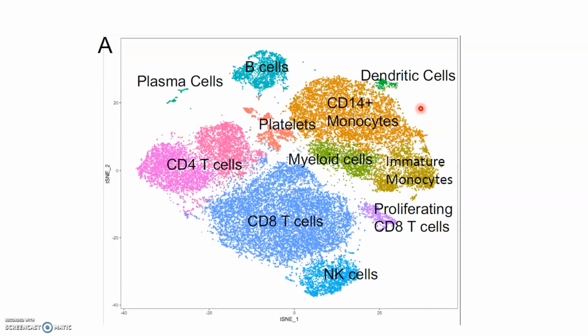Using this kind of strategy, we're able to annotate our cell populations and determine what they actually are. You see here that we're able to identify our CD4 and CD8 T cells, our natural killer cells down here, our B cells that we showed with high expression of CD79A and B, and then our monocytes, dendritic cells, all the cells that you've heard of if you've dealt with any type of immunology at all.